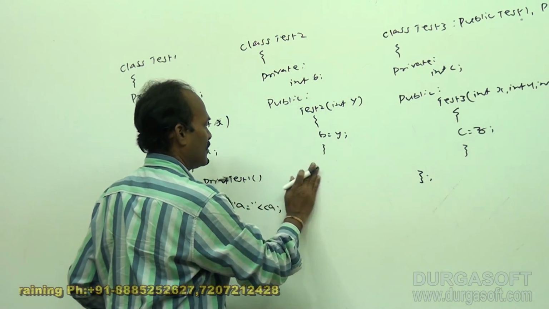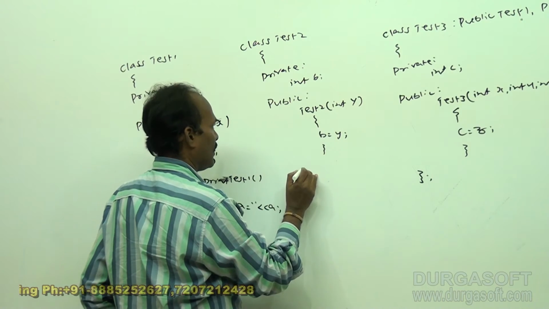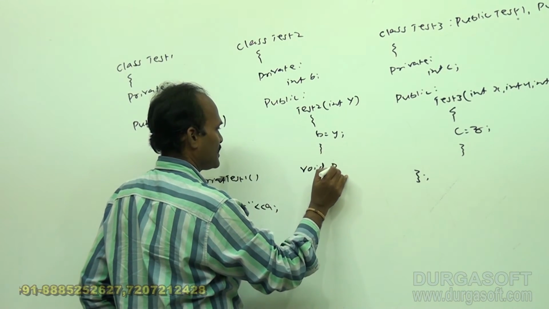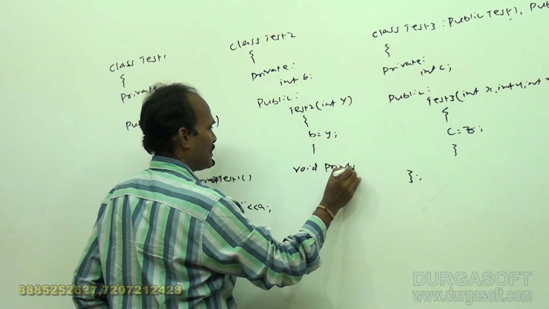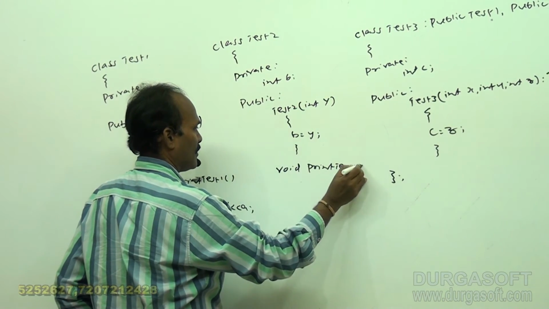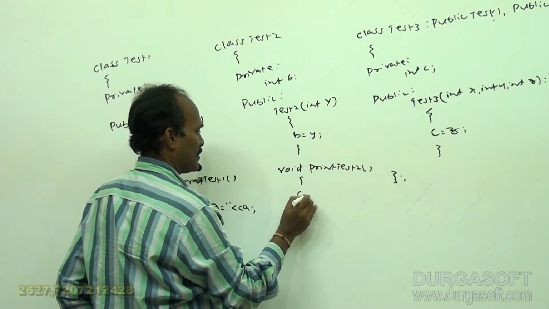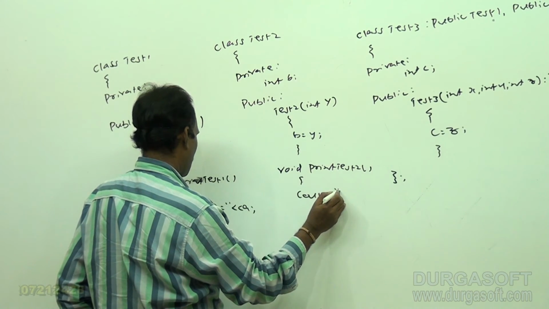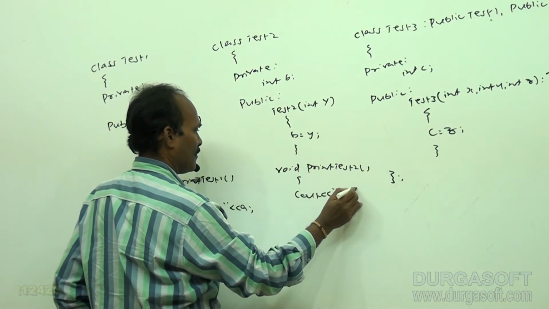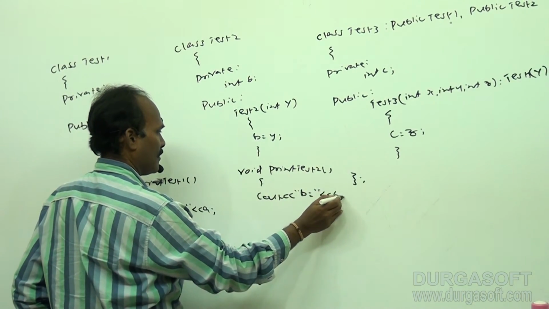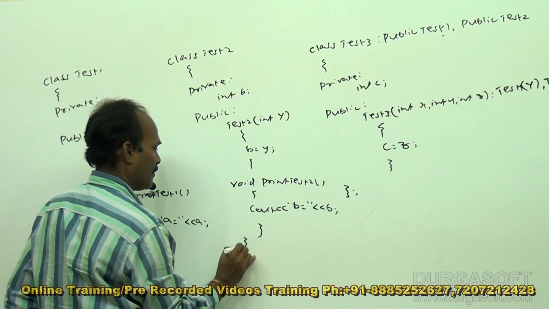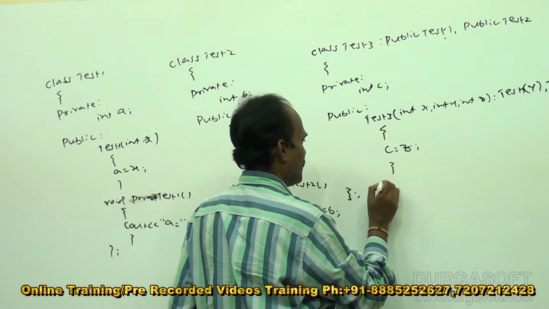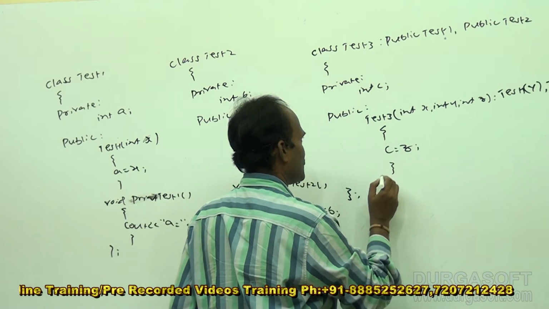Here also, void print test2, cout b equal to, like this.